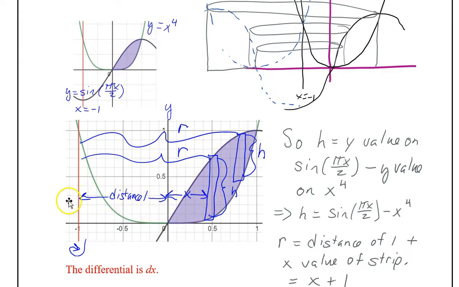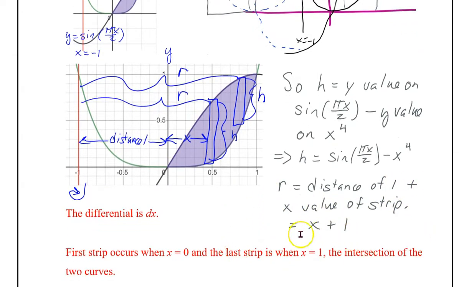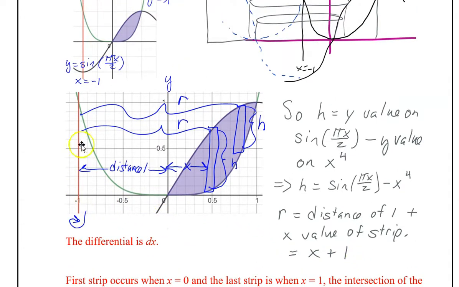That means that our radius must be the distance of 1 plus the x value of the strip, or x plus 1. Since we're rotating around the line x equal -1, which is a vertical line, our strips must run vertically. That means that our differential must be dx. If the differential is dx, we want x left in the equation, so we will leave the radius written as r equal x plus 1.